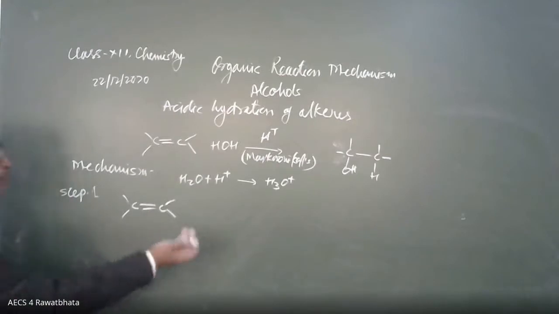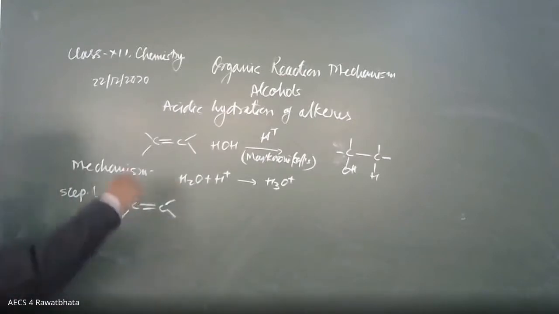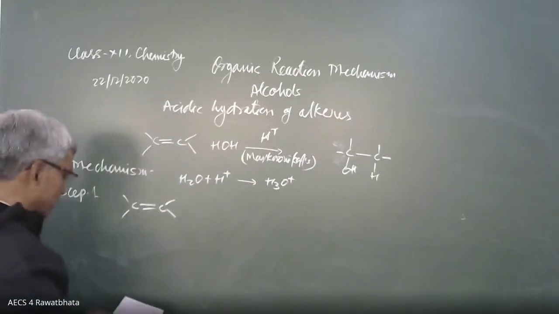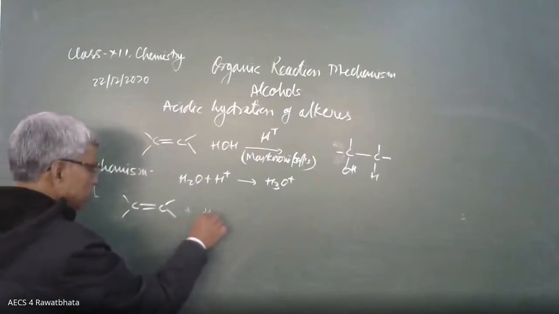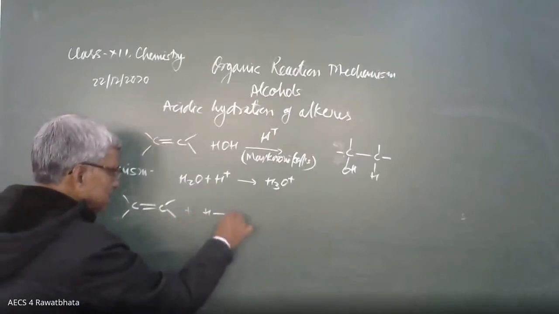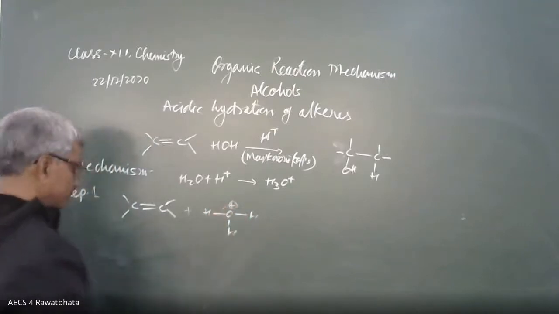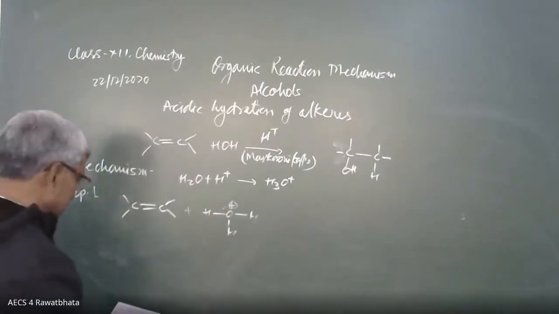If it is symmetrical, no problem. If it is unsymmetrical, then this addition is going to follow Markovnikov's rule. Accordingly, we have to manage. It is going to combine with H3O, H, O, H, and here is H, here is positive charge with a pair of electrons.